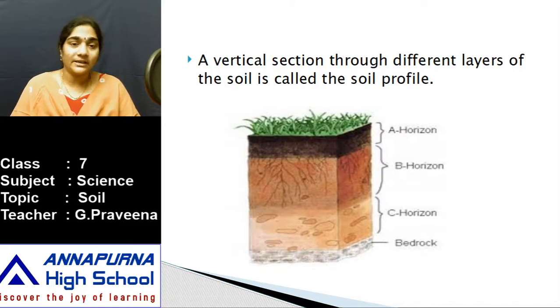Each of these layers differs in color, texture, depth and chemical composition. All these layers are called horizons. In this image you can see that the soil profile is divided into 4 different layers. The topmost layer of the soil is called the A horizon.